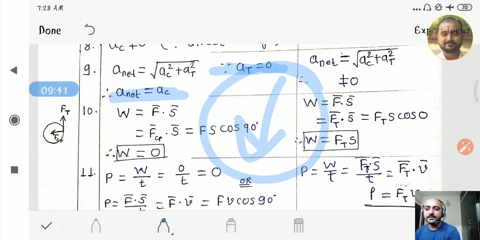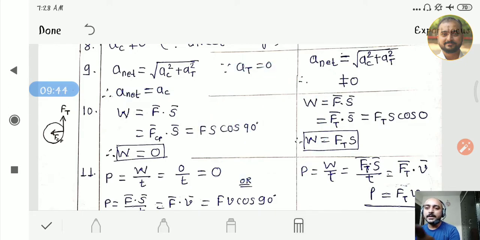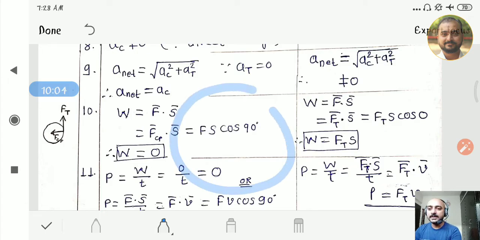Next is your work done. In case of uniform circular motion, the work done by the force is always equal to 0. Why is it always equal to 0? Let's take an example. Here we consider the two accelerations: this is your centripetal acceleration, this is your tangential acceleration.